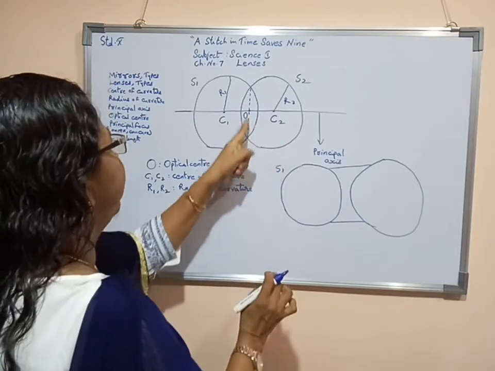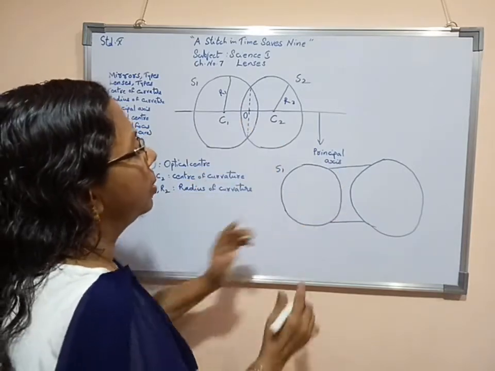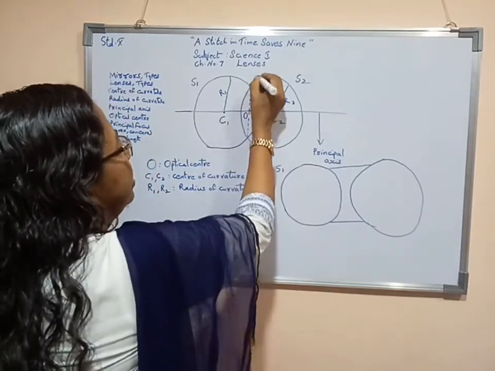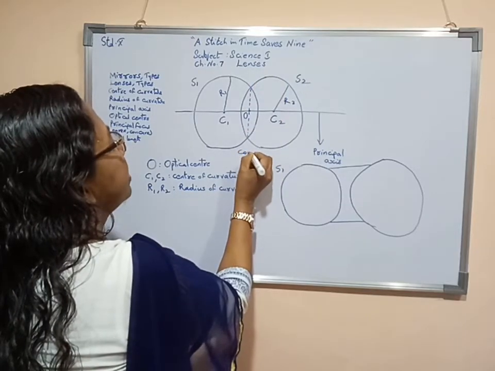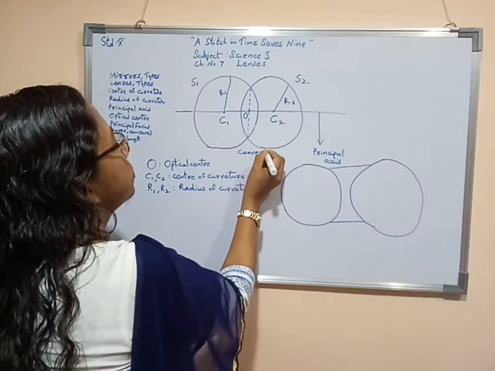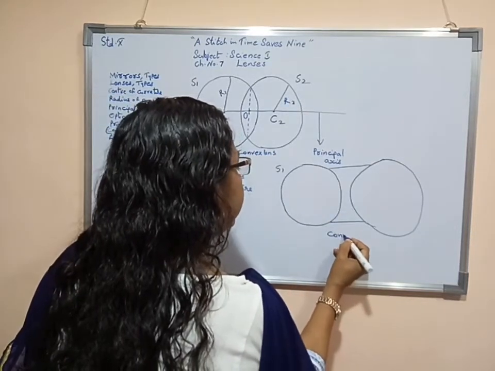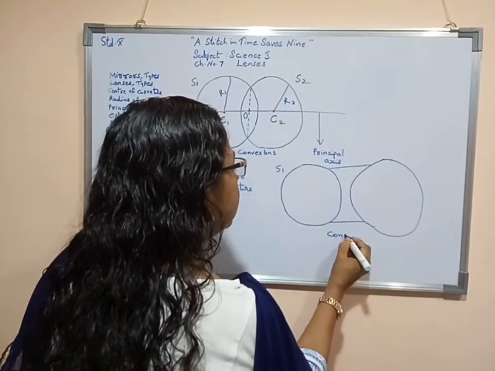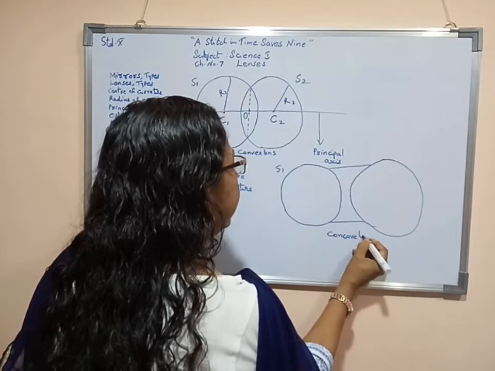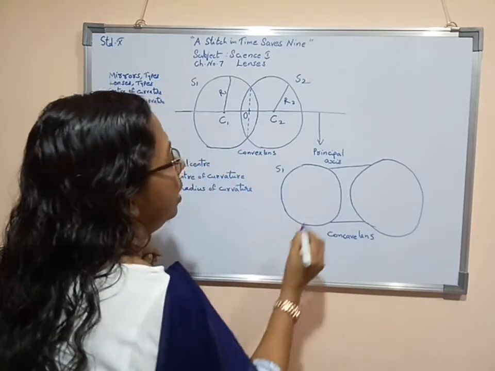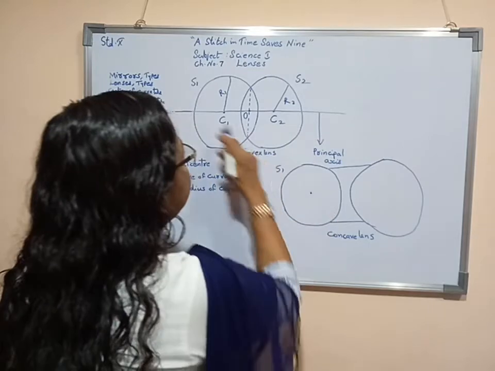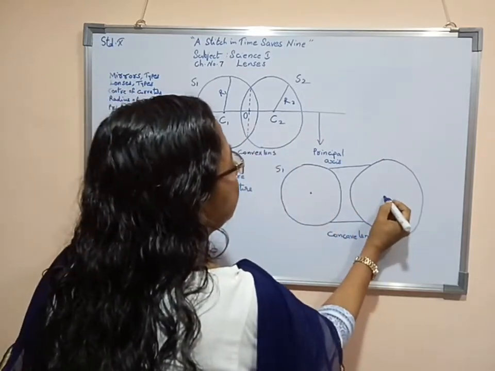Here we have got a convex lens, and here we are getting a concave lens. So I am writing convex lens here, and concave lens here. Now what we had studied applies the same here.